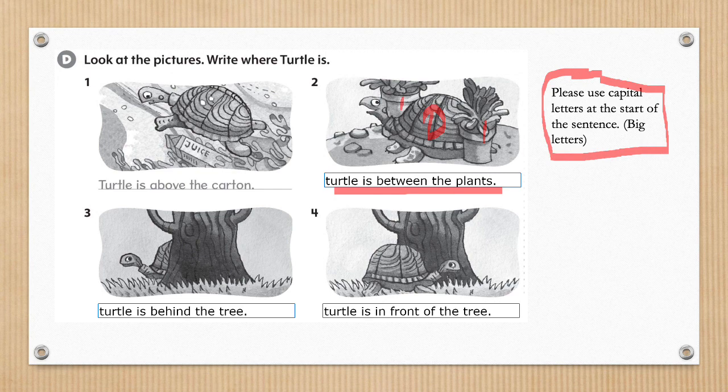Number 3. Turtle is behind the tree. We can see the tree and turtle is behind it. And number 4, turtle is in front of the tree. We can see turtle and we can see the tree, and turtle is in front of the tree. This one, he is behind.